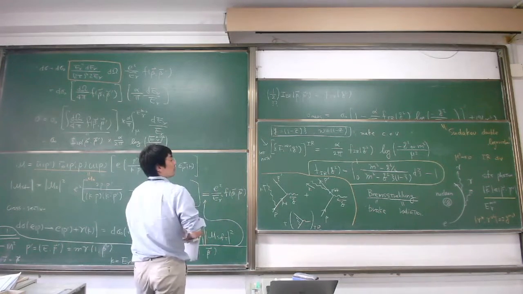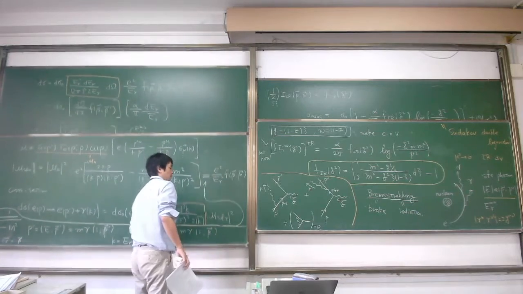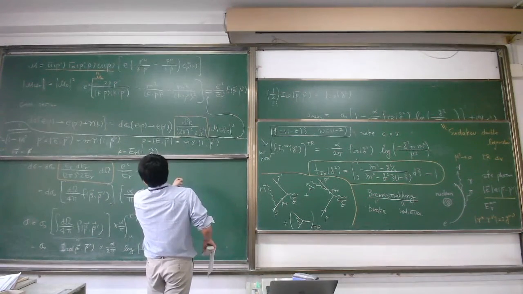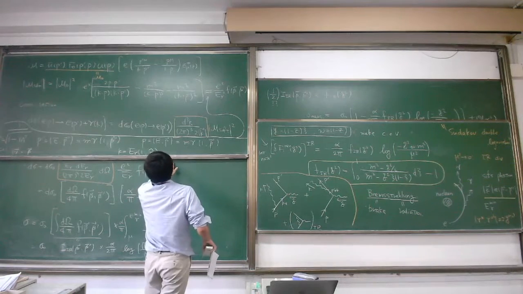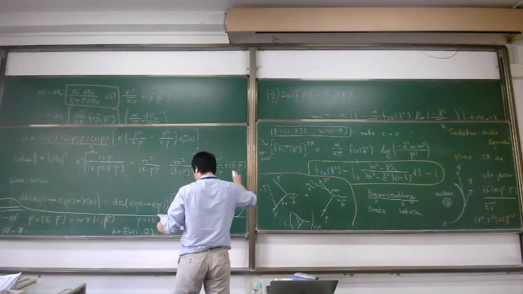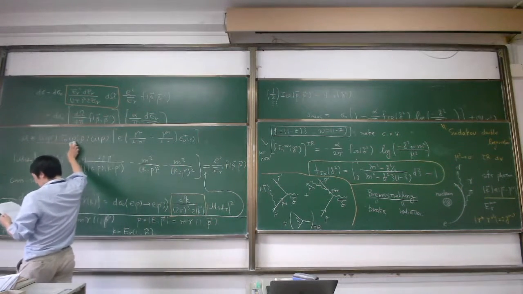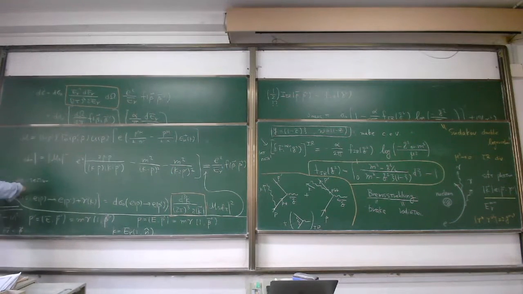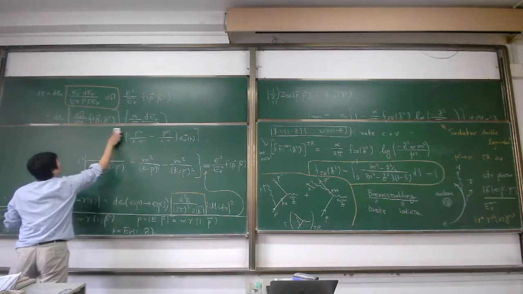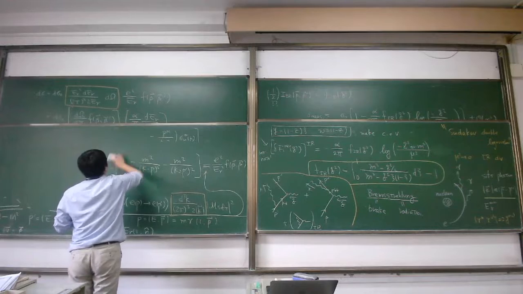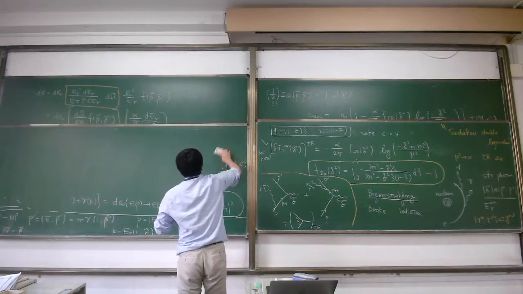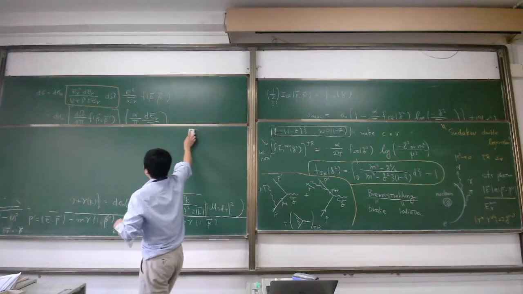Let me erase here. I'm not going to do the calculation, but the detail is written in Peskin and Schroeder. So I just give you a rough start.